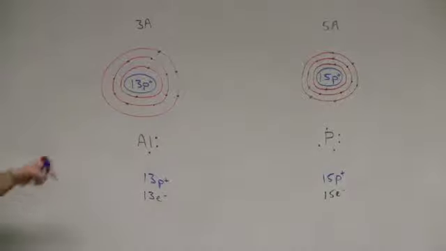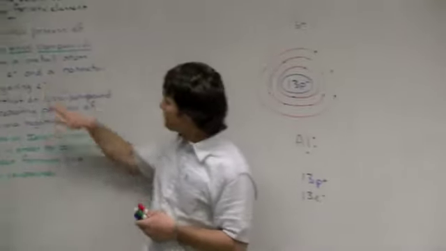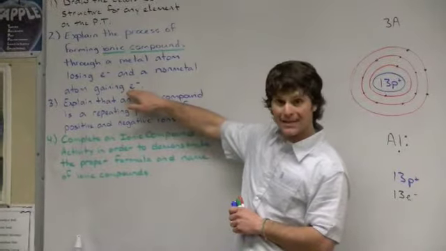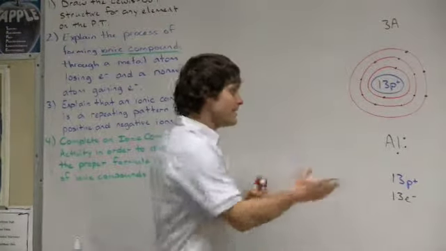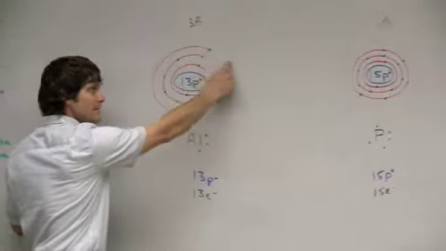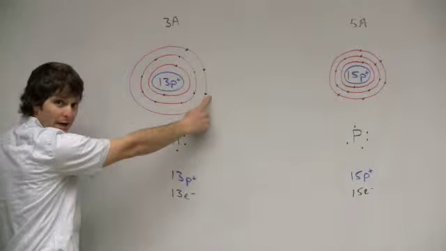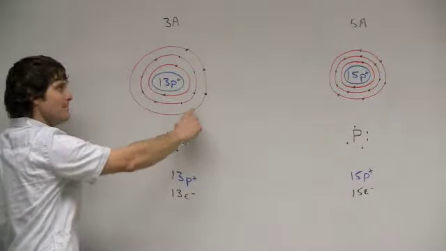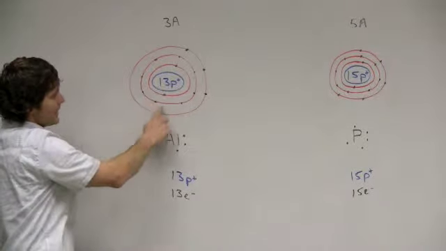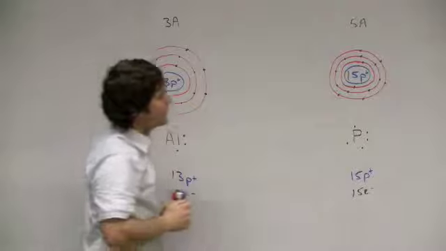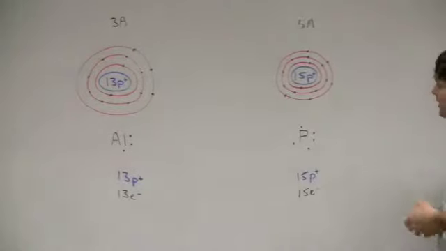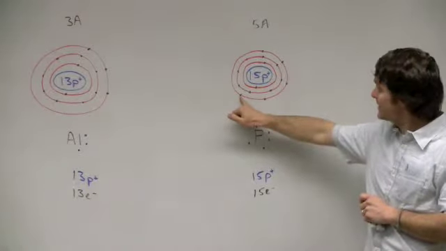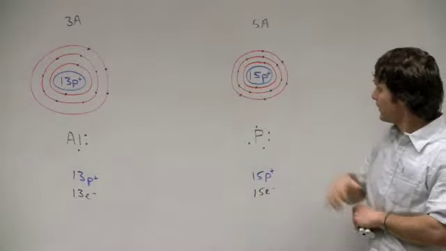outside. As we mentioned, when we're forming ionic compounds, the metal atom is going to be losing electrons and the non-metal atom is going to be gaining electrons. In this case, though, aluminum's desire is to lose all 3 of those bonding electrons so that that last energy level is empty and it drops back to the second energy level, which has 8. For phosphorus being a nonmetal, having 5 valence or bonding electrons, its desire is to gain 3 electrons.